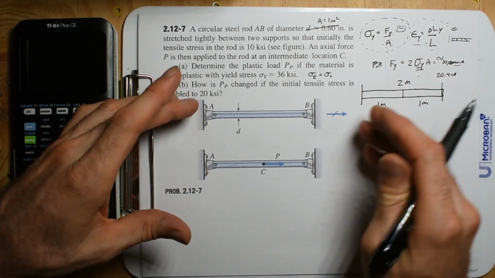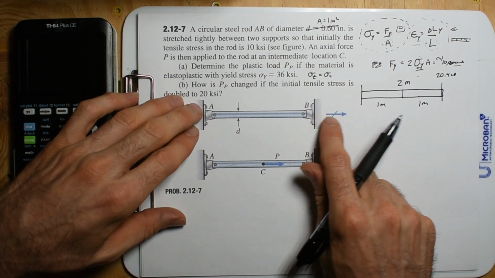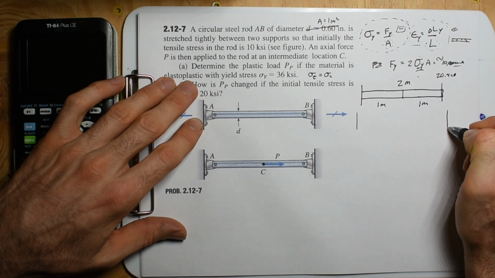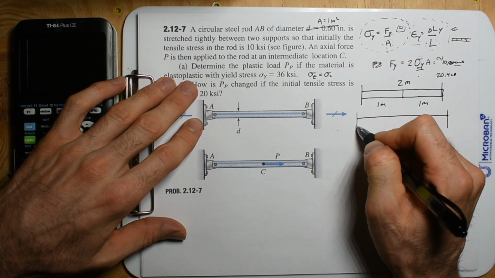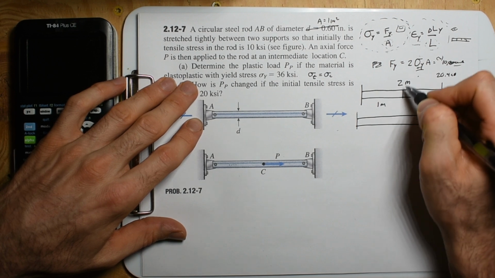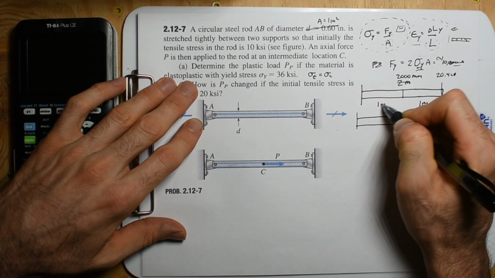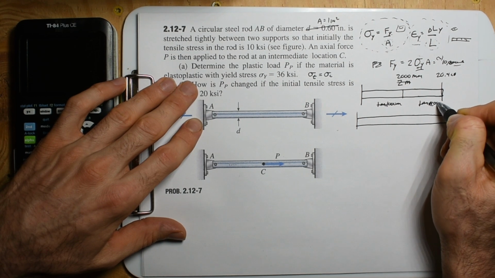So now instead of pre-stressing it to 10,000 psi, we're just going to pre-stress it visually to, let's say this is 2,000 millimeters. So now we get that, and this is 1,000 millimeters, and this is 1,000 millimeters.